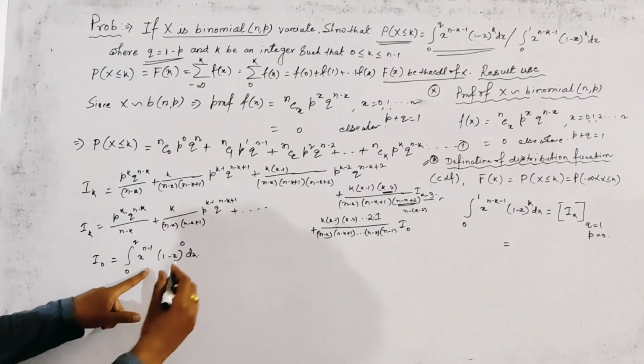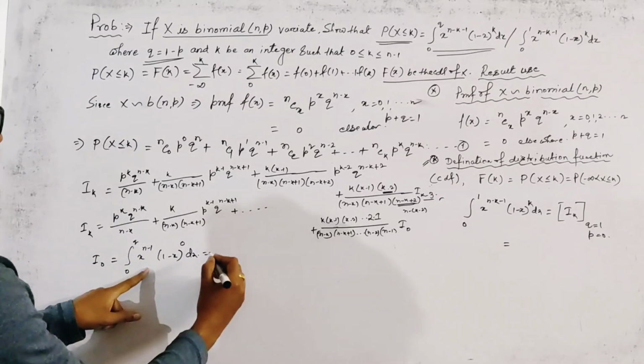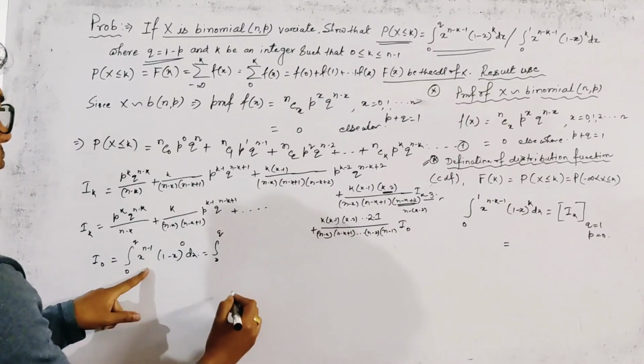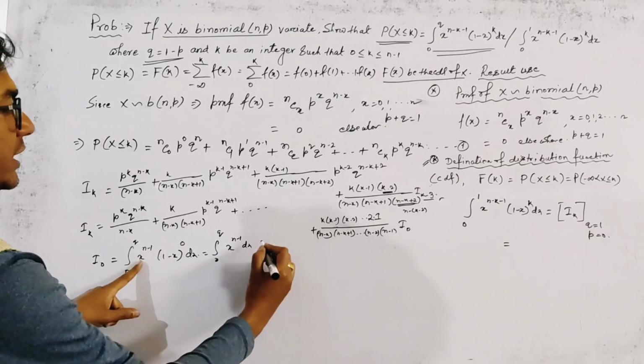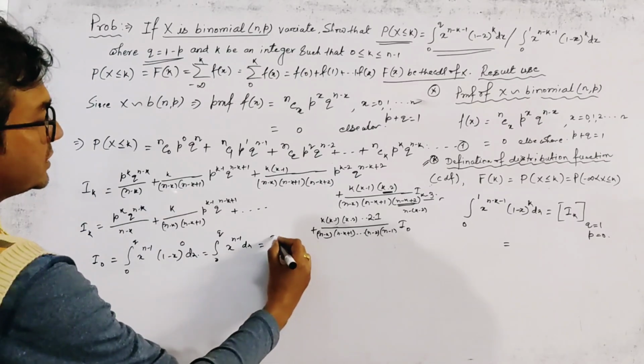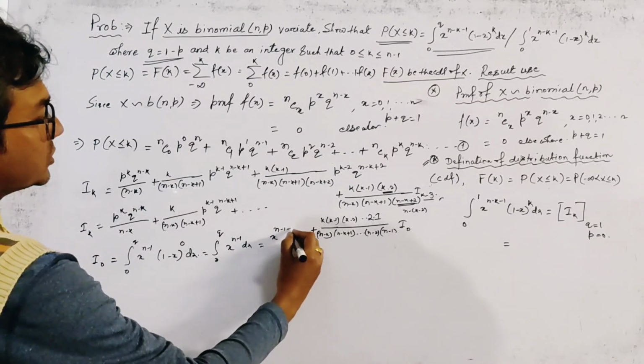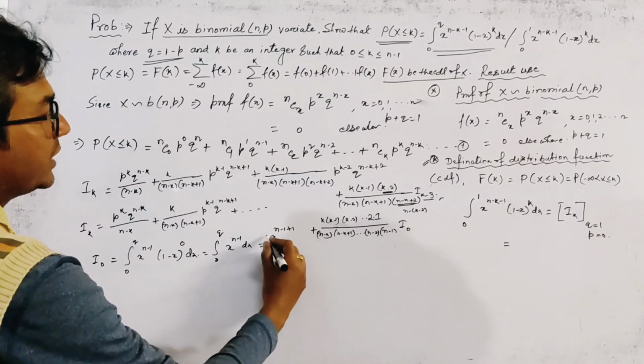And from here we get the result as the integration 0 to q of x to the power n minus 1 dx. So obviously this is x to the power n minus 1 plus 1 by n.